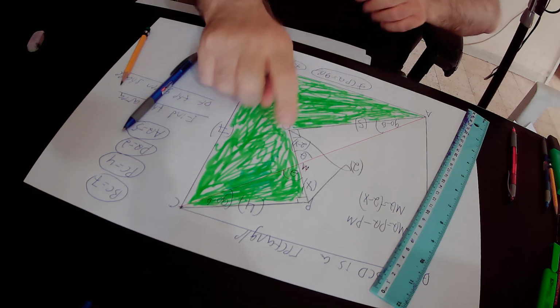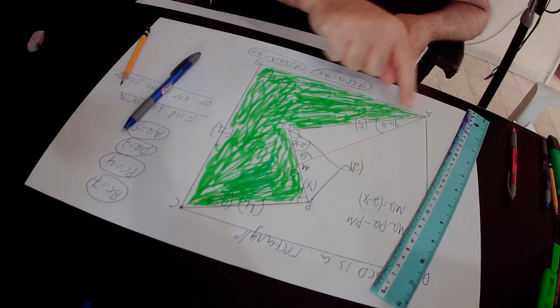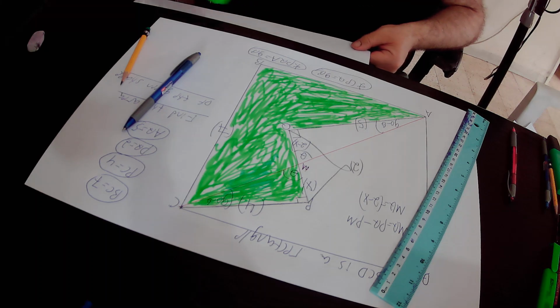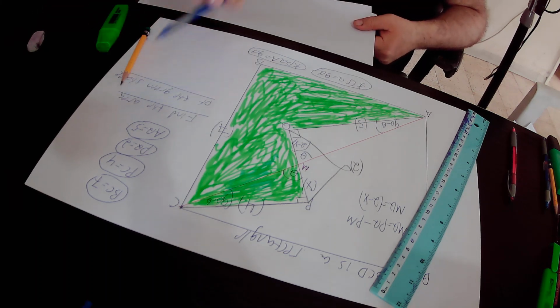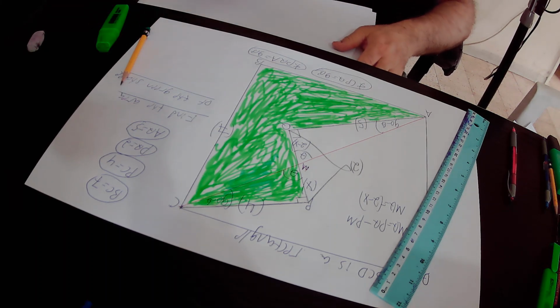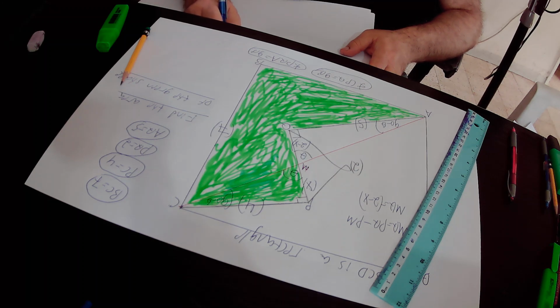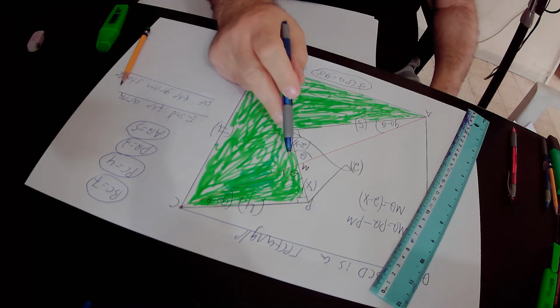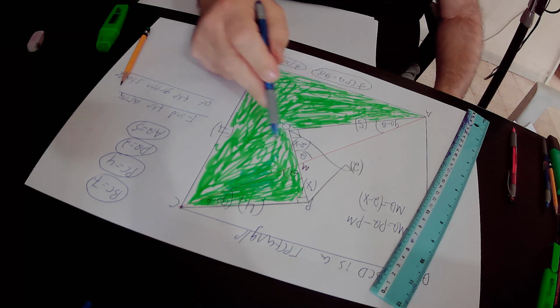So I write it down. We prove that the right triangle AMQ is similar to this right small green triangle PMC.